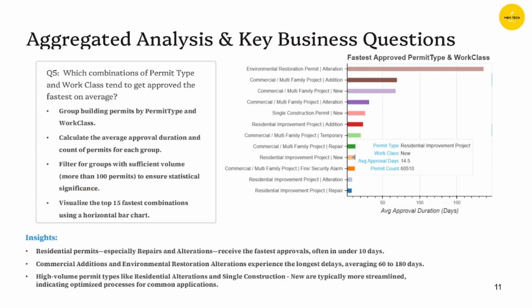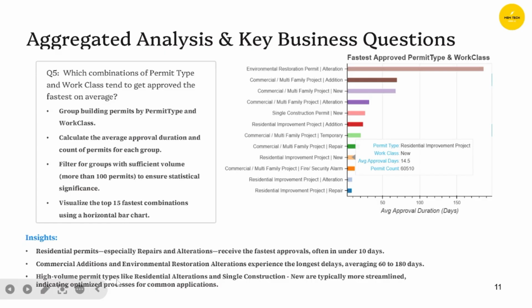For that, I group building permits by permit type and work class and calculate the average approval duration and count of permits for each group. I filter for groups with sufficient volume, more than 100 permits, to ensure statistical significance. Then I visualize the top 15 fastest combinations using a horizontal bar chart. So it is visible over here.